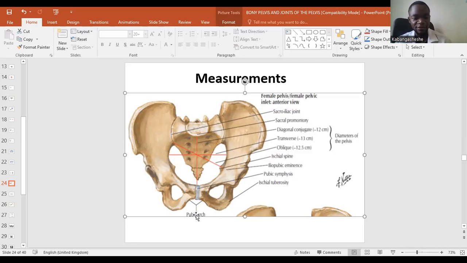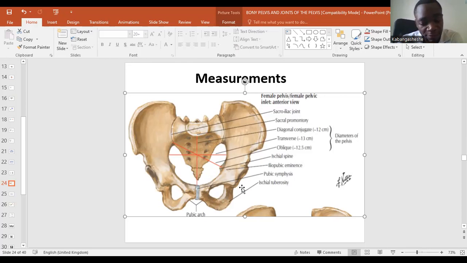So when the baby is leaving the pelvis, it has to turn its head so that it faces in the direction of the conjugate diameter. The occiput will be here at the arch of the pubis, and the forehead will be facing down there. That way the baby can easily come out of the pelvis during labor.